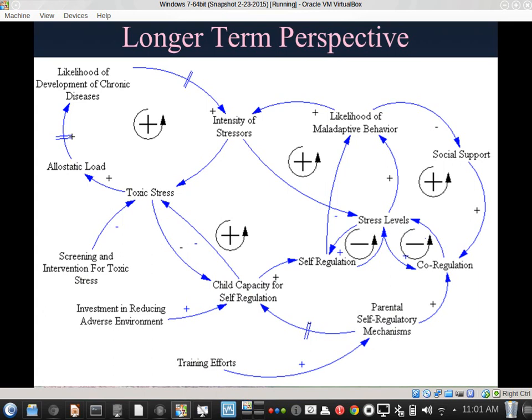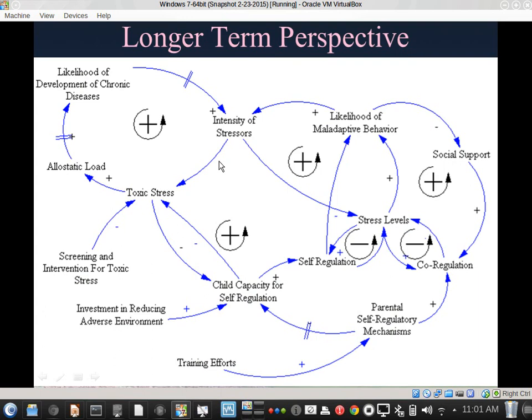We also have stress levels as potentially leading to likelihood of maladaptive behavior, which can lead to pushback by others, for example, an intensity of stressors which further increase our stress levels, this feedback here.